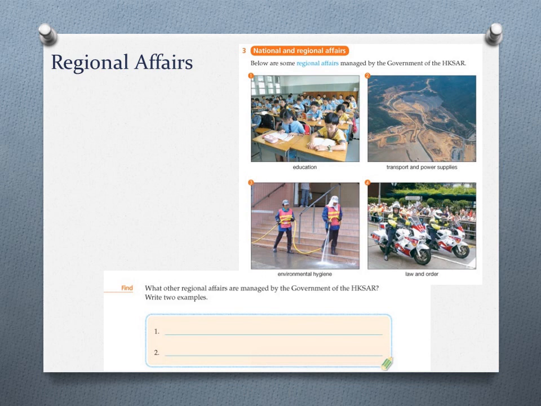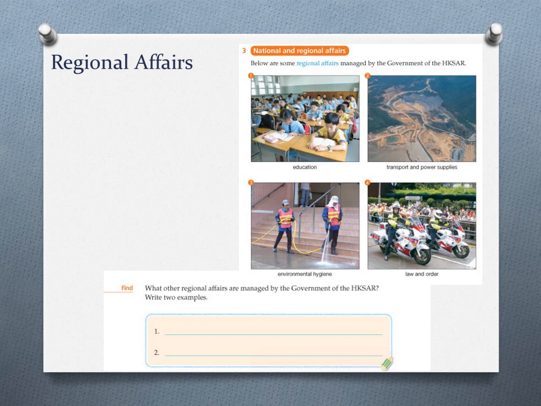In this slide, we look at what the regional affairs are. Now, the region here is Hong Kong. Hong Kong has a lot of activities and affairs that the government has to take care of, such as education, how to keep Hong Kong clean, environmental hygiene, law and order, housing, maintaining certain green areas to provide good facilities for its citizens, its permanent residents, transport and power supplies, and providing good medical facilities.